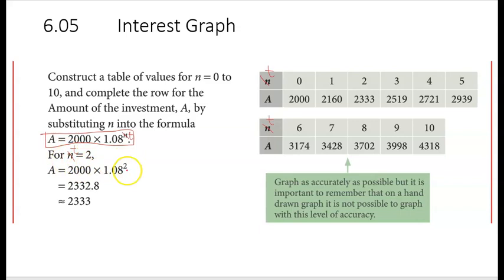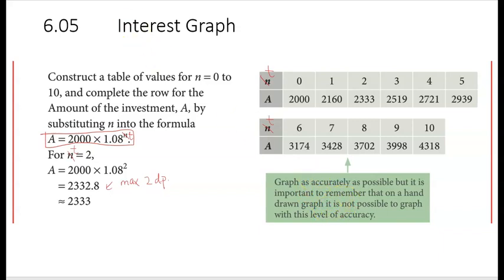When t equals 2, substitute into the equation, 1.08 to the power of 2. So you get 2332.8. But in the exam you need to give a maximum of 2 decimal places, because this is a currency, remember? But over here I did not give any 2 decimal places. Why? Because I'm drawing a graph. It is impossible to draw as accurately as possible.